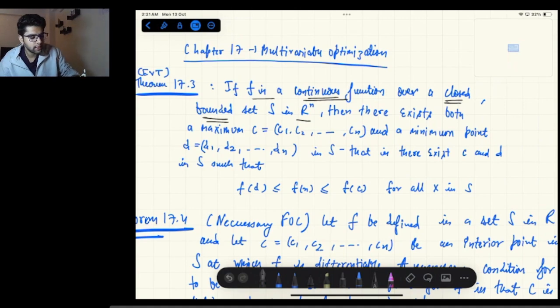If my set S is n-dimensional, my maximum point and my minimum point will also be n-dimensional vectors.